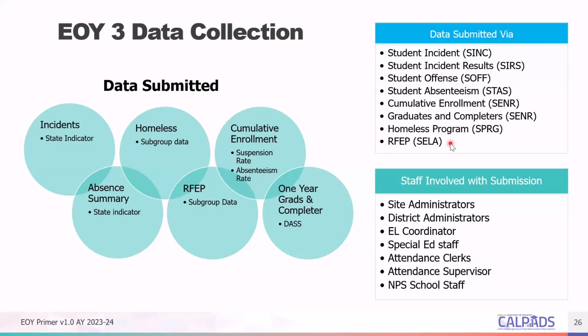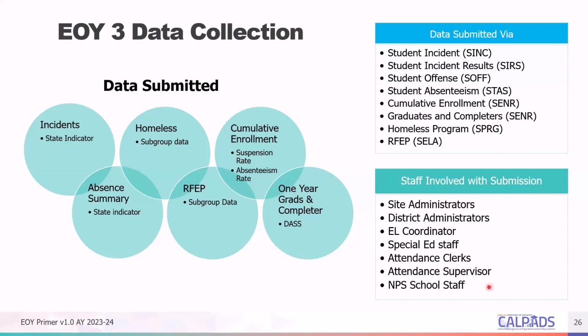This data collection will impact all aspects of your LEA, so it's important to receive timely and accurate data, especially if your data stewards are not 12-month employees. As for the staff involved in the end of year 3 data submission, we do have a small collection of staff listed here: site administrators, district administrators, the English language coordinator, special education staff, attendance clerks, the attendance supervisor, and NPS school staff.